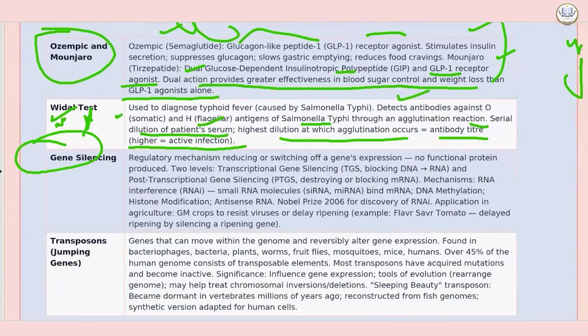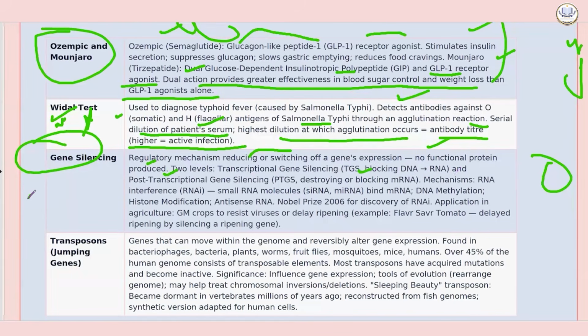Gene silencing: a regulatory mechanism reducing or switching off gene expression. No functional protein is produced. At two levels: transcriptional gene silencing, blocking the transcription of DNA to RNA, and post-transcriptional gene silencing, destroying or blocking the messenger RNA.